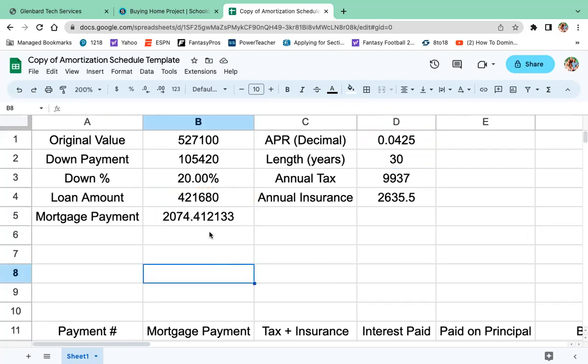You need to be getting 2074.41. Oh, if you're using your numbers, you'll get a different answer. If everything on the top matches everything I have, then you should be good. Okay, my fault. Got it. Do you want me to put it back up so you can see where it goes wrong?